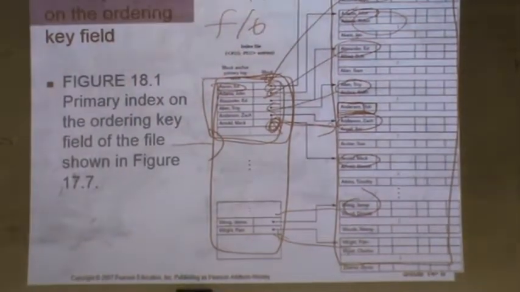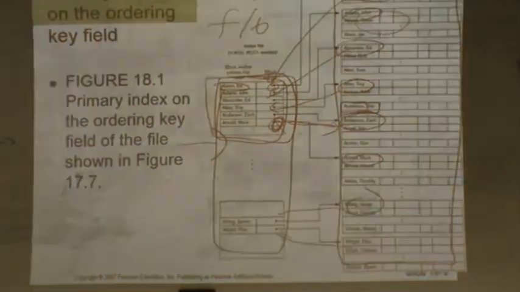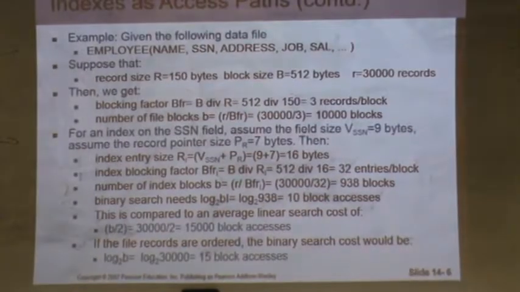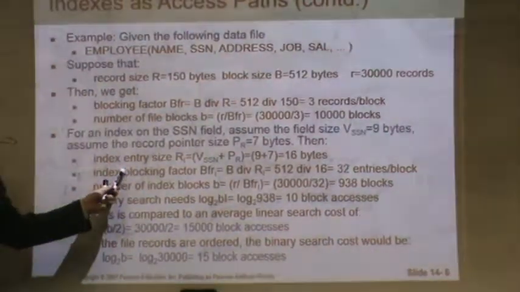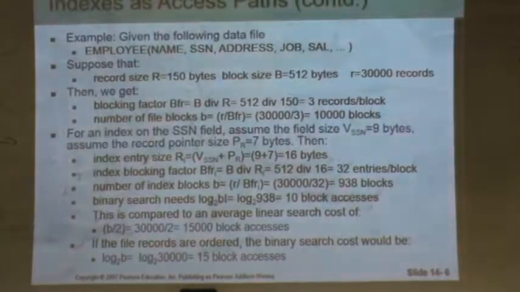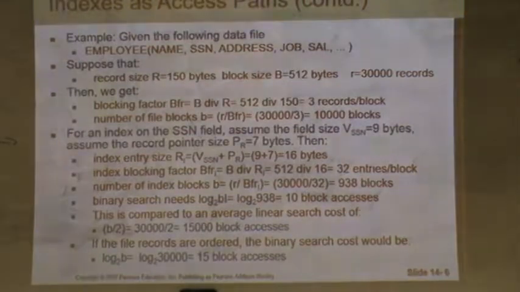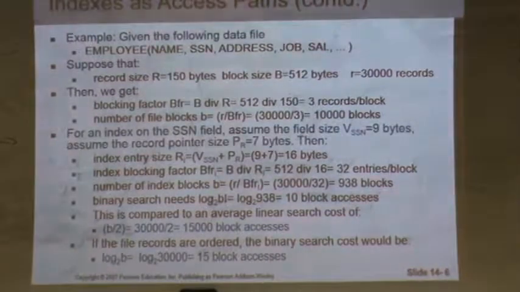Then what is the average number of index key entries per block? You can divide 512 bytes by 16. That is exactly 32, with no remainder, so that is 32 entries.